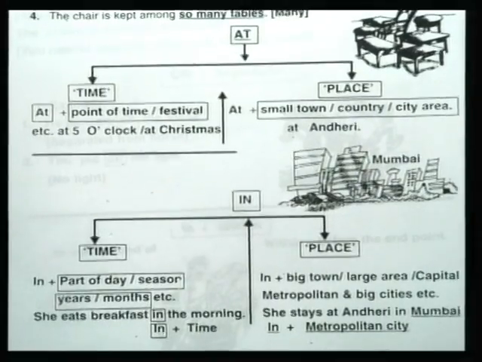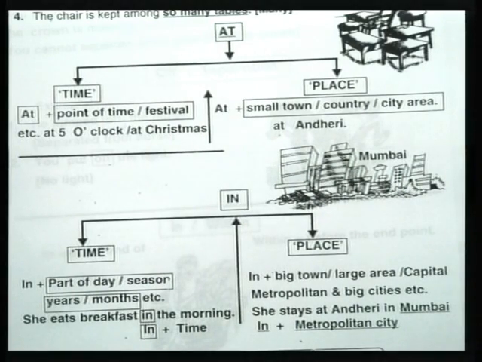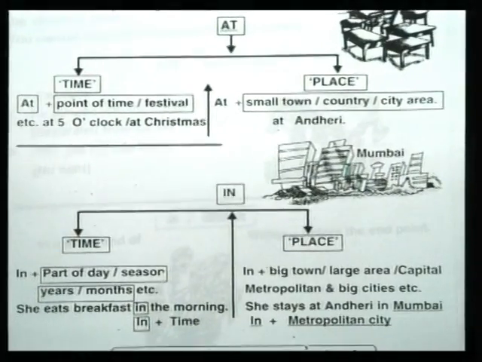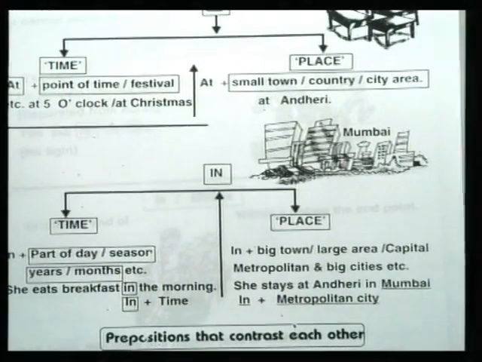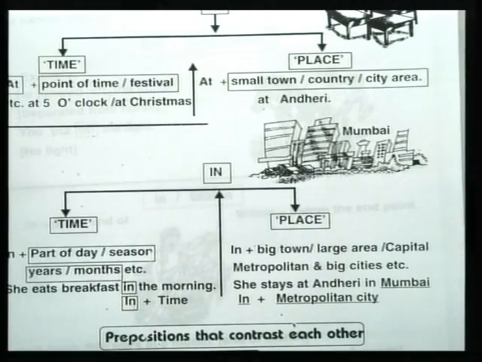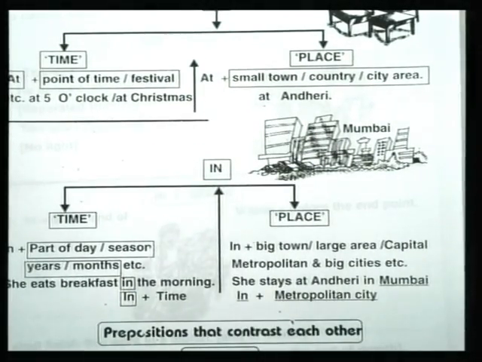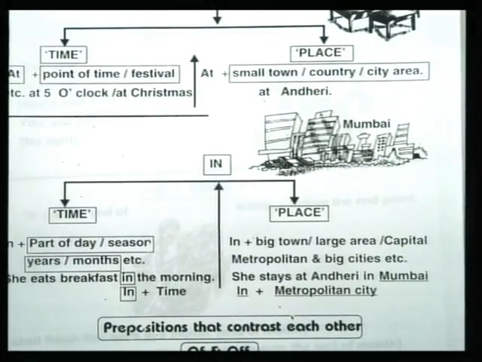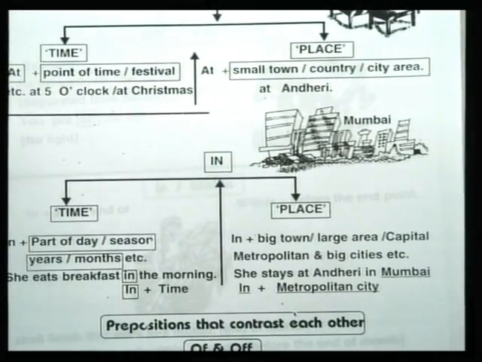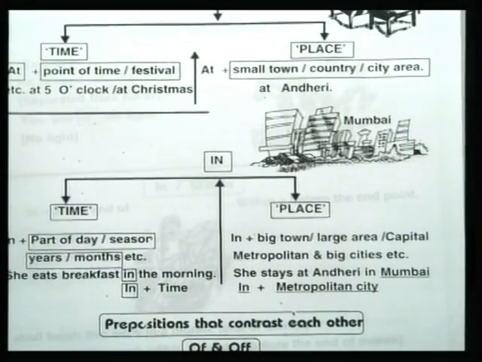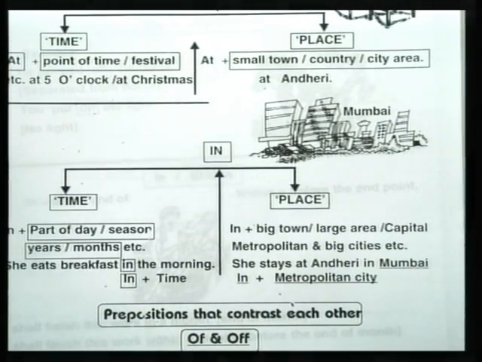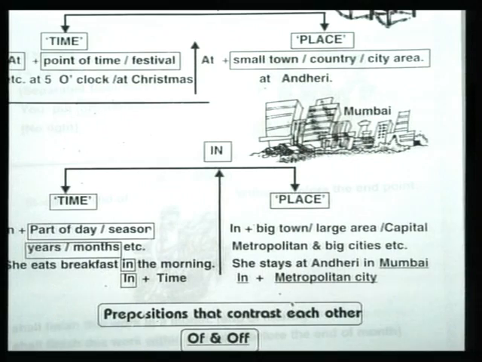So always remember, use at with a small town, and in with a big town or large area or capital, metropolitan and big cities. She stays at Andheri in Mumbai, that is a metropolitan city.